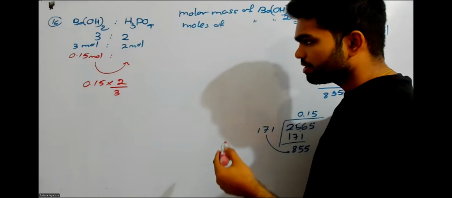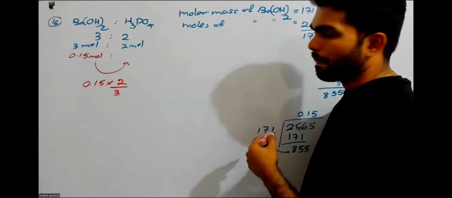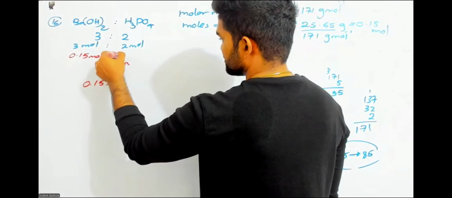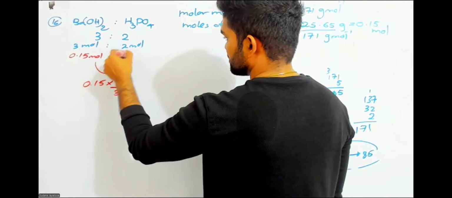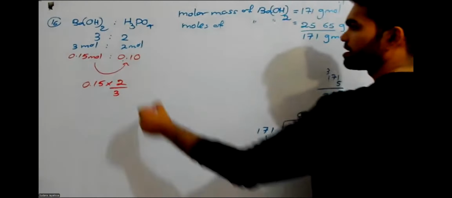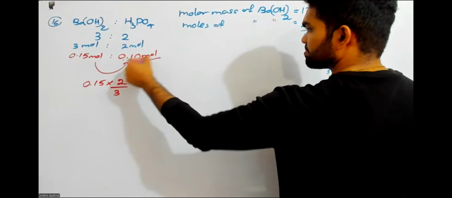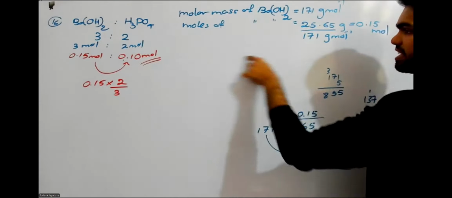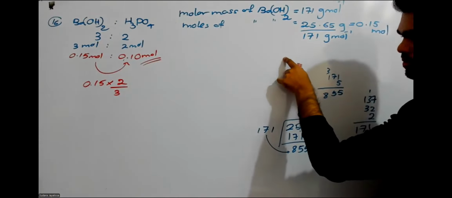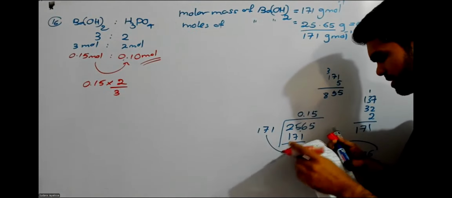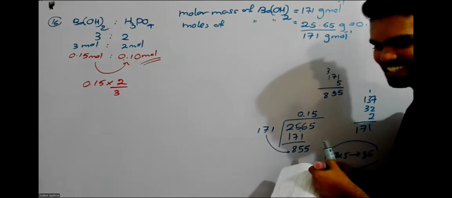Divide by own, multiply by required. So then it is 0.05, and 0.10, 3 to 2 ratio. So this is your answer. If you are writing an essay paper, you have to write the ratio in the next line, then write the phosphoric acid moles. But I showed that here. So the answer is going to be 4, right?